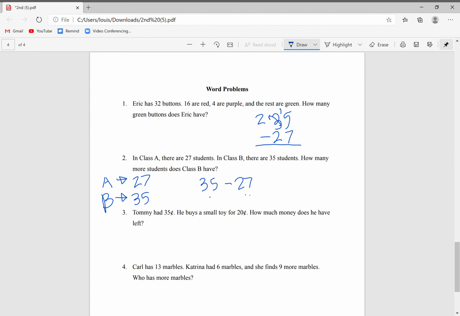Now, 15 minus 7, let's think. 15 minus 7 would equal 8. And you would subtract the 2, and you would get a 0. So 35 minus 27 equals 8, and you would put down that Class B has 8 more students.